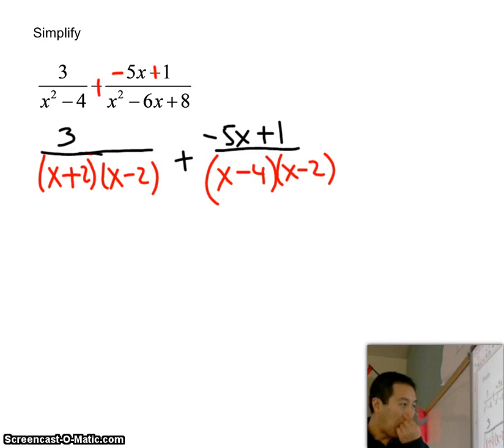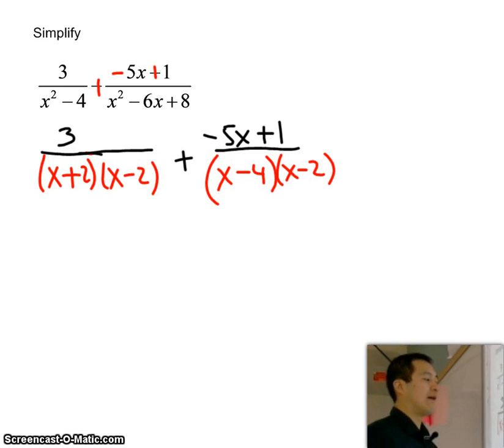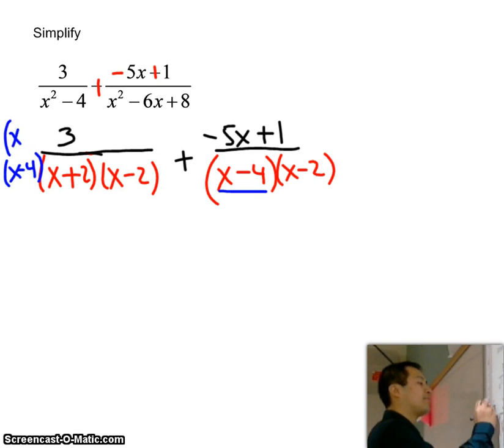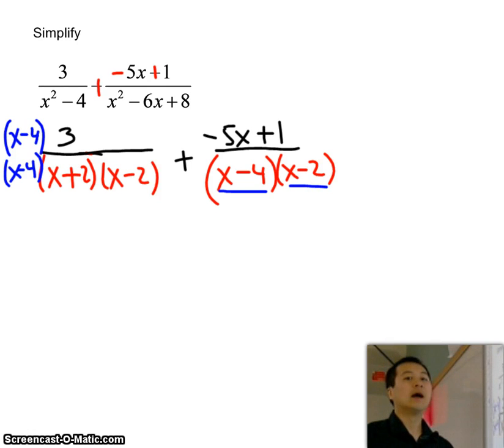Alright, jealousy. What does that guy have that I don't have? Do I have this? No, so I want it. I want an x minus 4 top and bottom. Do I have this? Yes, I do. It's right here, so I'm good to go. Now the other guy. Do I have this?